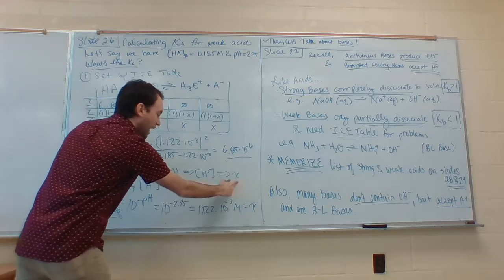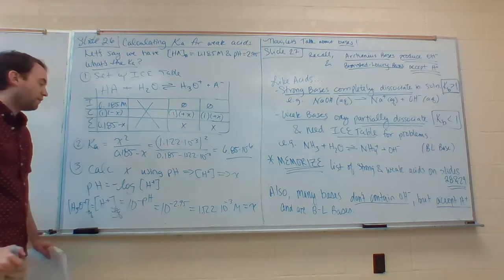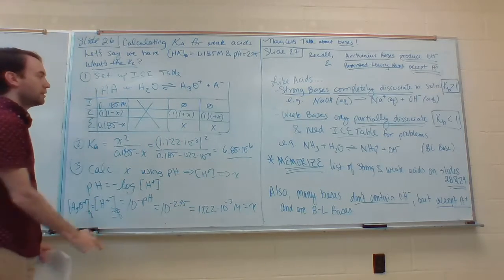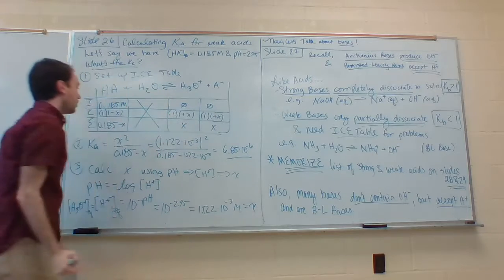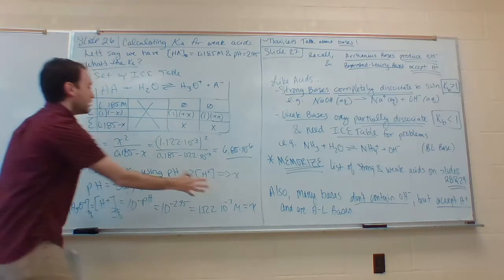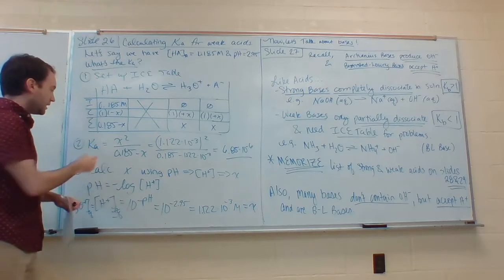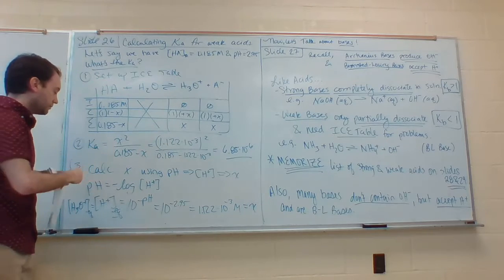And then I just say that that is equal to whatever I found for my concentration and what was in the row. And then I just evaluate that as my X into my Ka and solve, okay?